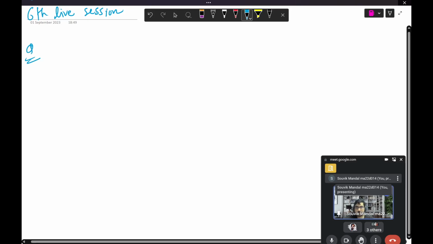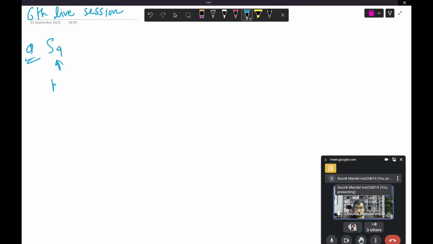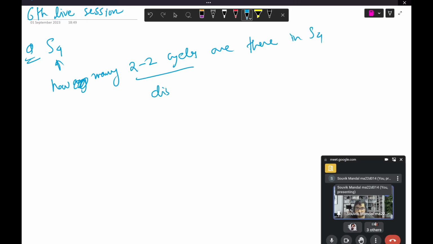Let's start with some basic problems on permutations. Consider S4. Tell me how many cycles are there in S4 due to disjoint cycles. The first question is: how many 2-2 disjoint cycles are there in S4?